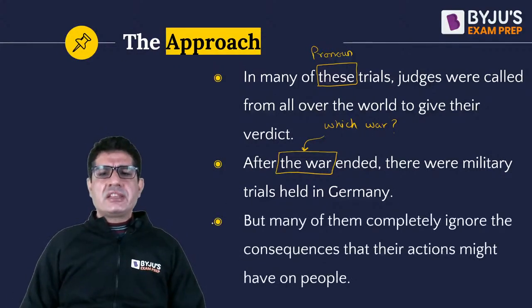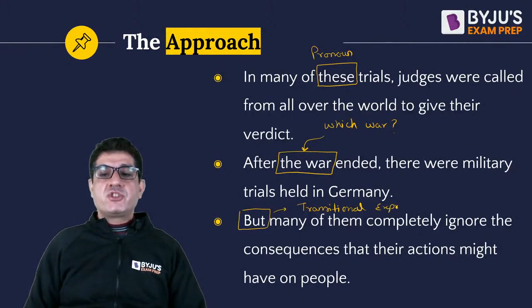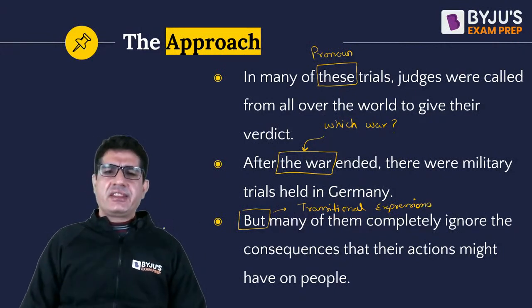Or have a look at this. Do you see a clue here? See this? But. Words like but are called transitional expressions because they show a change in the idea, a shift in the idea.